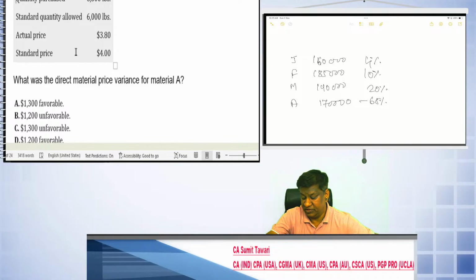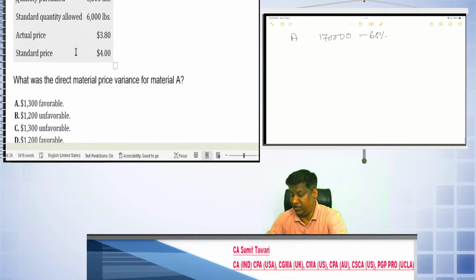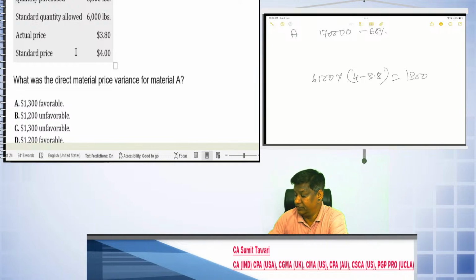Yes, 1,300. So you need to consider the actual quantity, which is 6,500, multiplied by the rate difference, 3.8 minus 3.2. No problem, 1,300, which is favorable. A is the right answer.